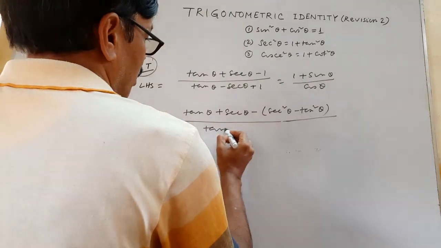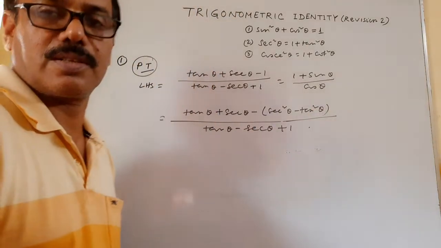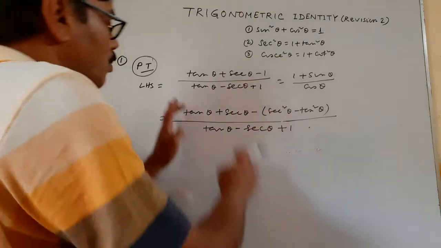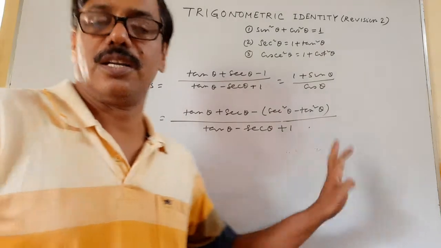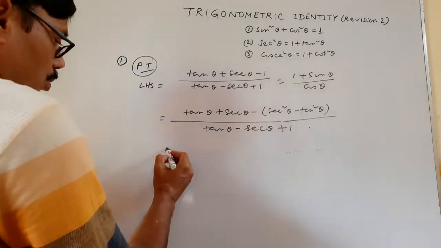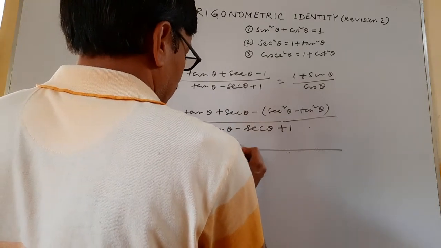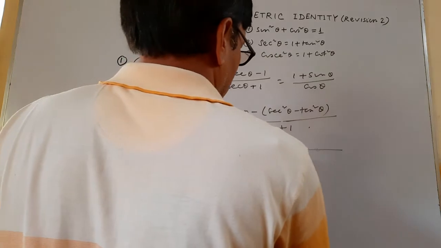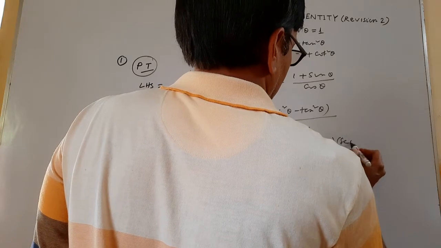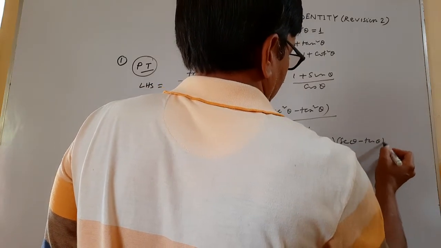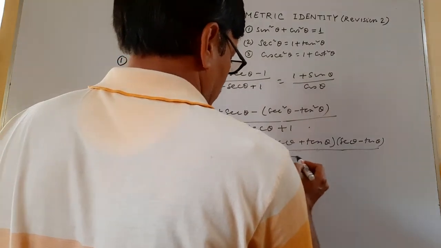But remember, in the denominator we do not put 1 equals this. Our main aim will be to factorize the numerator, then cancel the denominator. So look, tan theta plus sec theta, this one unchanged, plus sec theta minus tan theta times sec theta plus tan theta, over tan theta minus sec theta plus 1.